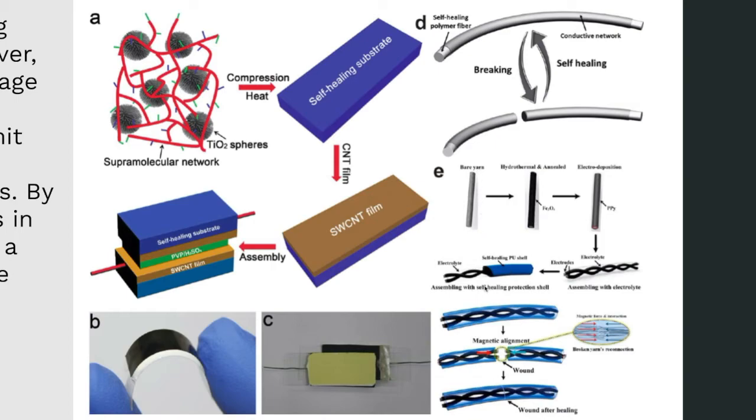Inside the materials, the wire is like a yarn, and it has a magnetic property. So when it's broken, the magnet will attract between these two, and then it will help to self-heal the matrix.